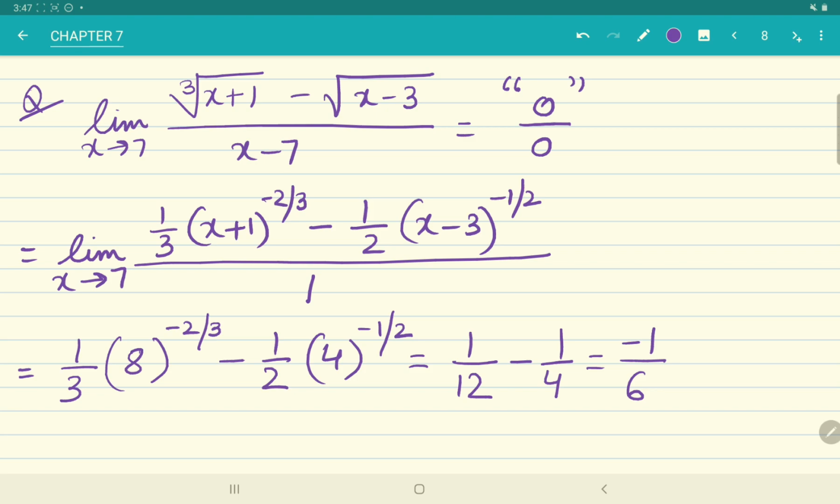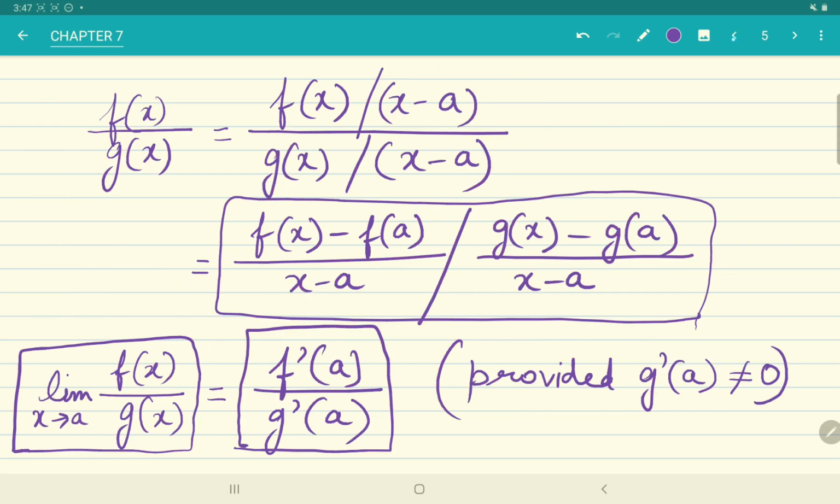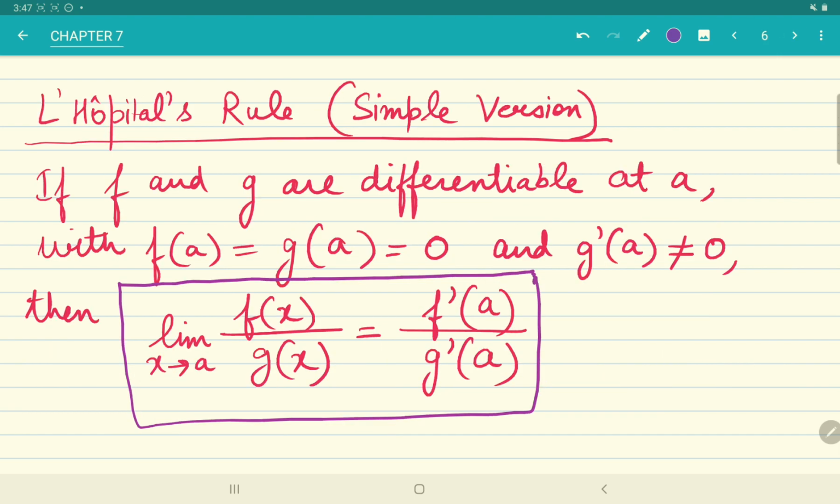Here I have to mention one point before I take up one more question. Suppose I have a 0 by 0 form, as in we have an indeterminate form of type 0 by 0 here.